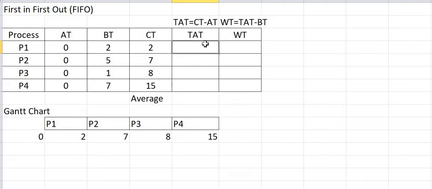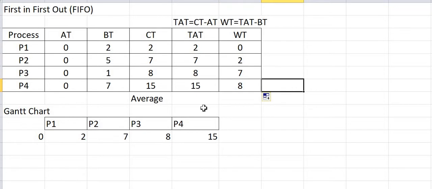Now when we calculate the turnaround time, we know the formula. It is the completion time minus the arrival time, so the completion time of each process minus the arrival time of that process. Similarly, for the 4 processes we have got the turnaround times. Now we have to calculate the waiting time, that is the total time spent minus the time spent inside the CPU. That is the time it waited for the CPU. So it will be the turnaround time minus the burst time of a particular process.